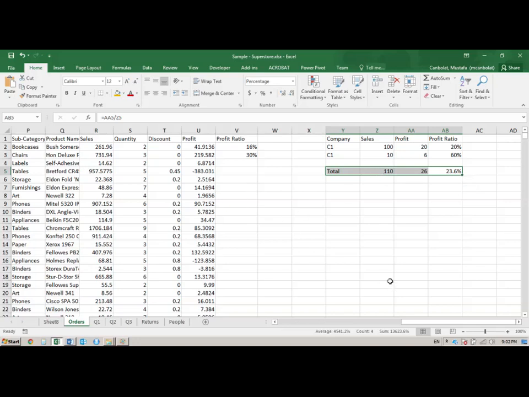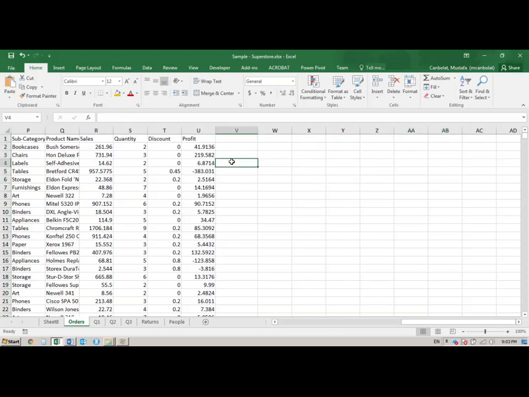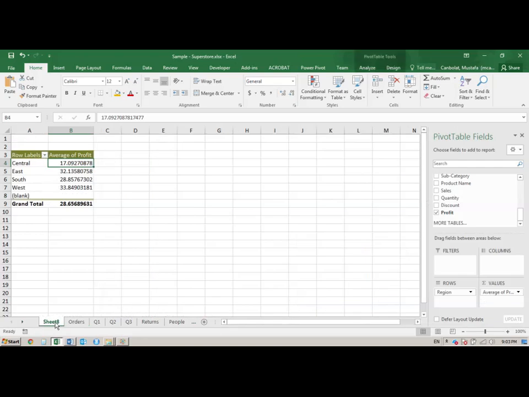For example, if I calculate my profit ratios per region, I need to sum up all the sales and all the profits, and then divide the profit by sales. It's a better idea not to use these here, but to use a field in pivot tables called a calculated field.